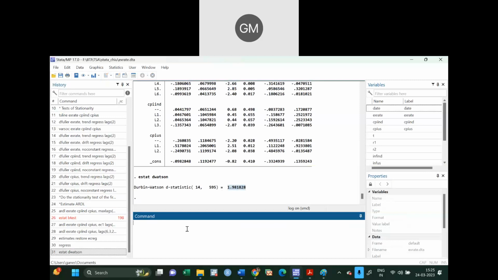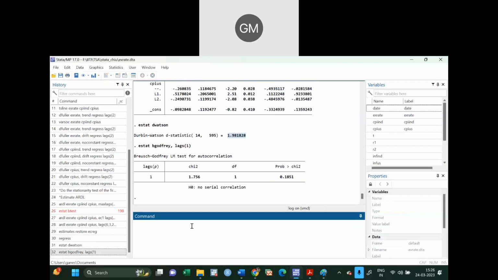Alternatively, you can check for Breusch-Godfrey, which is estat bgodfrey, lags 1. So the first order serial correlation we are checking with the Breusch-Godfrey LM test, right?